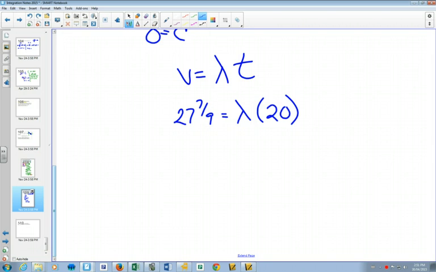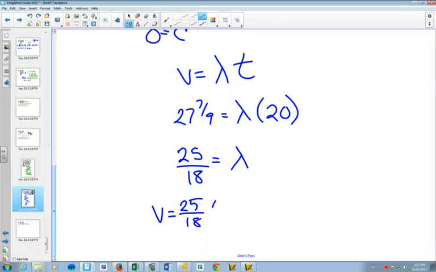Which reduces nicely to a fraction of 25 over 18. So now we know that our velocity function is actually 25 over 18 t.